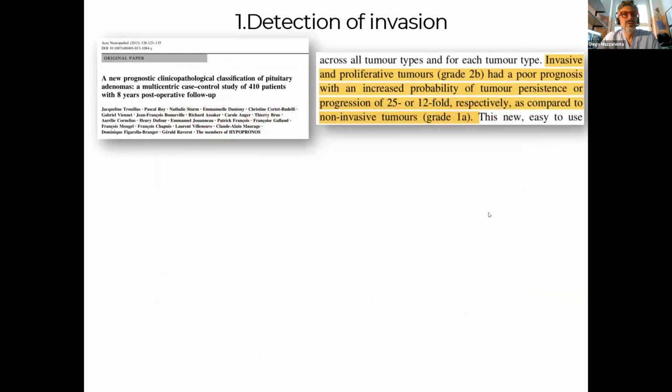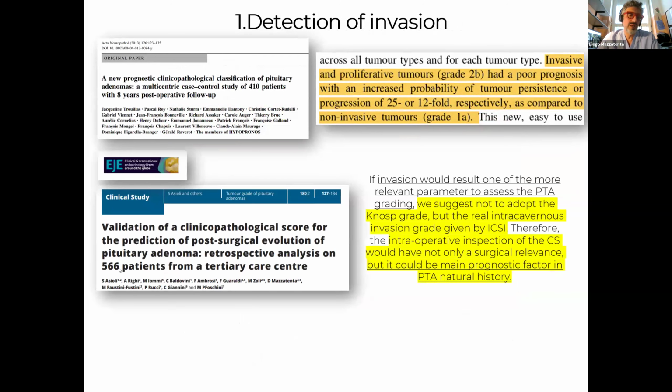We use the Trial classification, the anatomical classification, and we understood, also publishing our experience, that detecting the invasion could be a main prognostic factor in the pituitary tumor natural history. What does it mean?